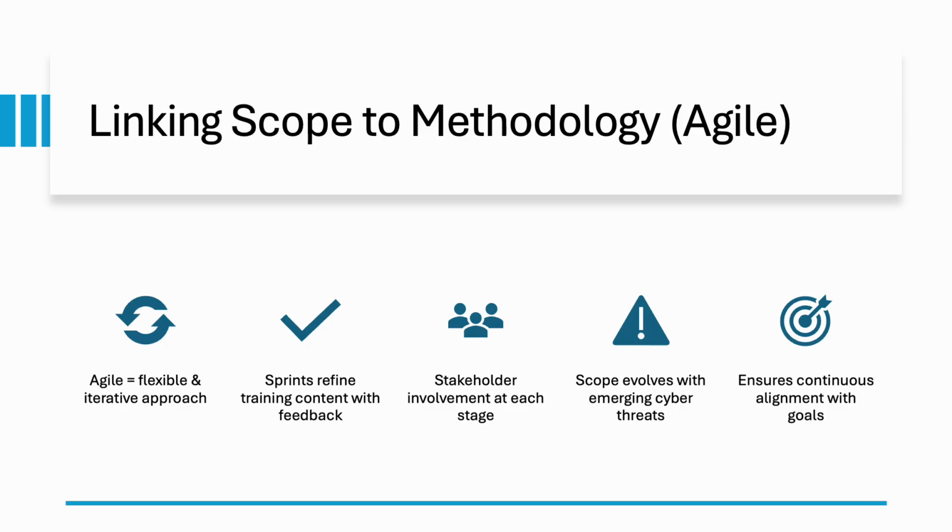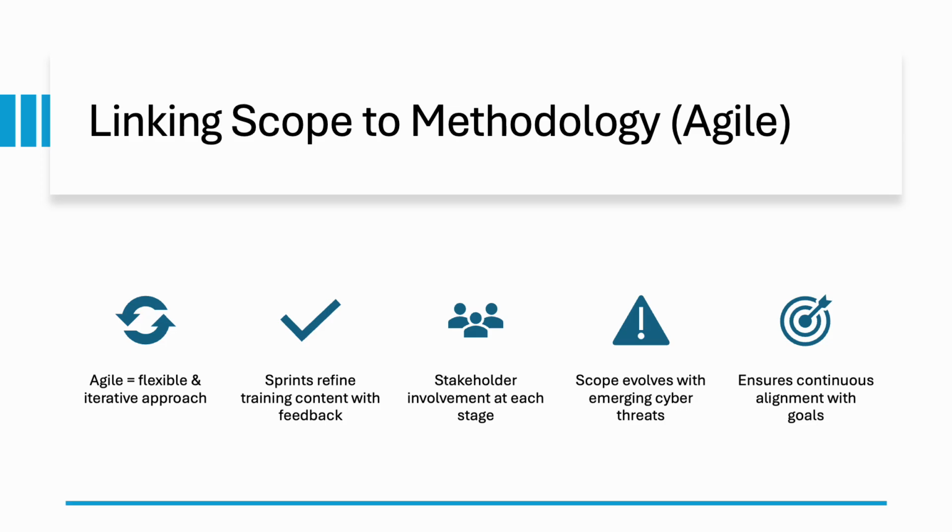Agile also ensures that the scope remains flexible in the face of evolving threats. Cybersecurity is a rapidly changing field with new attack methods emerging constantly. If the scope had been managed under a rigid methodology like waterfall, it might have been difficult to adapt the training content once the project was underway. With Agile, however, the scope is continuously refined as part of the sprint cycle.